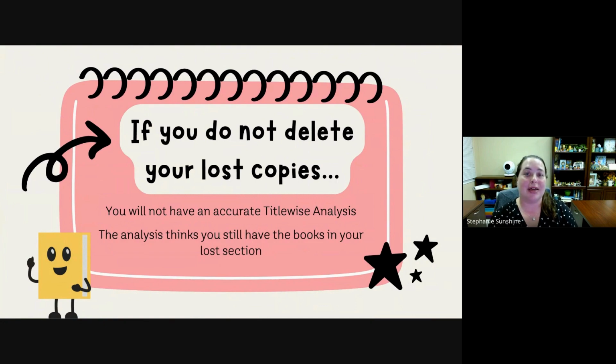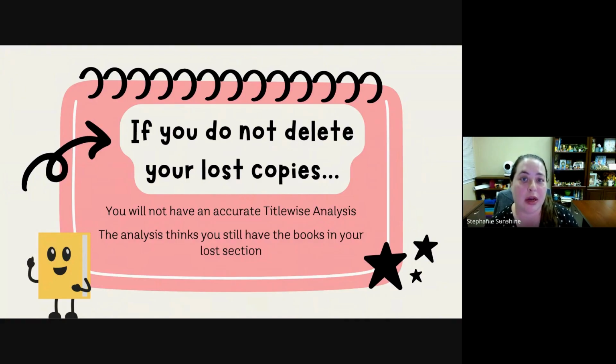If you do not delete your lost books and you leave them in lost, you're not going to have an accurate count of your books and of your inventory. When you run a title-wise analysis, and the amount of books you have in your catalog, the catalog and the program still think that you have books in your lost section when you know that you don't.